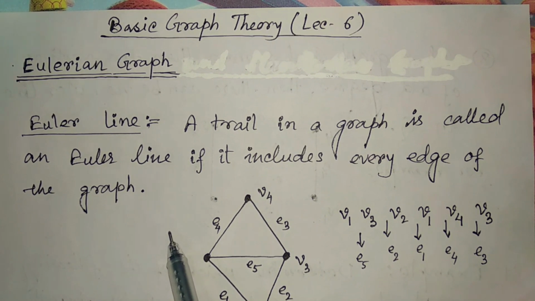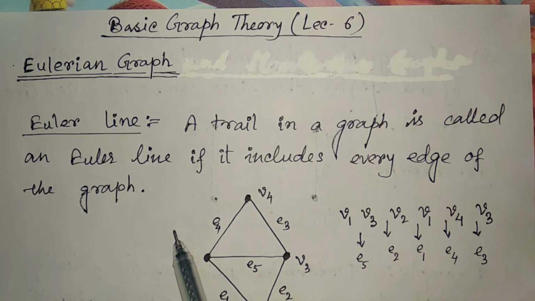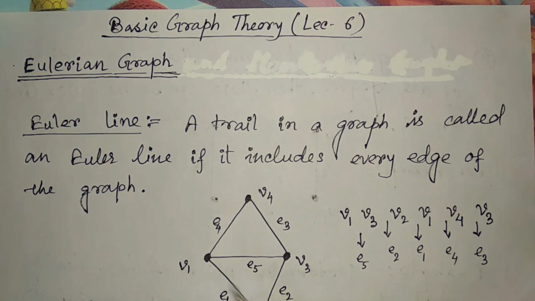We know a trail is a consecutive combination of vertices and edges where no edges are repeated. Now, if all the edges of a graph are included in a trail, then it is called the Euler line.